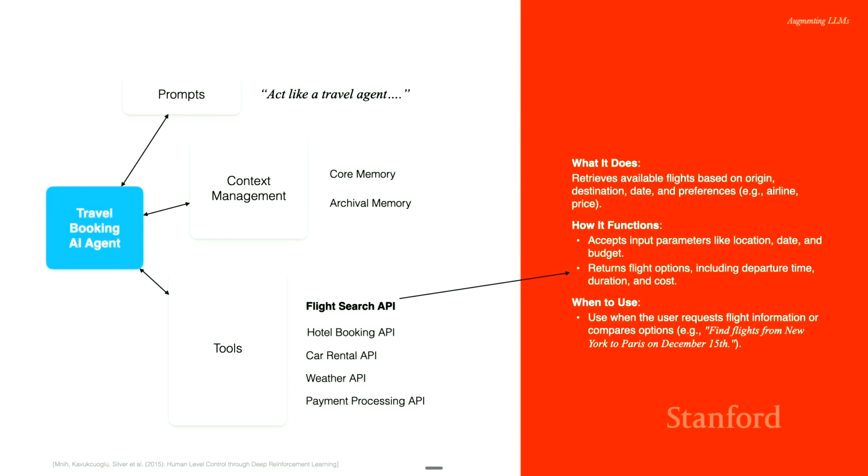What the difference is within memory is that not every memory needs to be fast to access. Think about it. You're onboarded on a product and the first question is, hi, what's your name? And I say, my name is Kian. That's probably going to sit in the working memory because the agent is going to want to use my name every time it talks to me, right? But then maybe the second question is, Kian, what's your birthday?